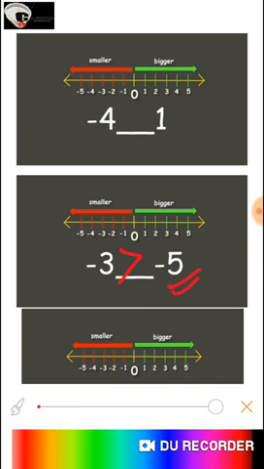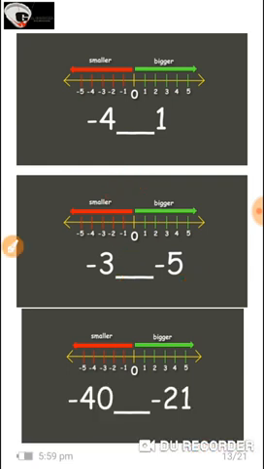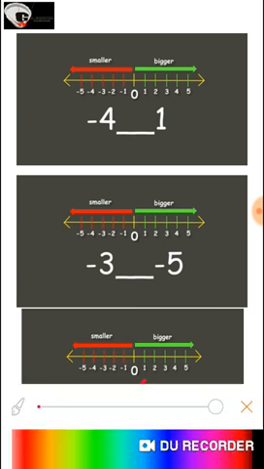So here you can see that minus 3 is closer as compared to minus 5. So minus 3 is greater than minus 5. Similarly, if we take minus 40 and minus 21, we know that minus 21 is going to be closer to 0 as compared to minus 40. So minus 40 is less than minus 21.